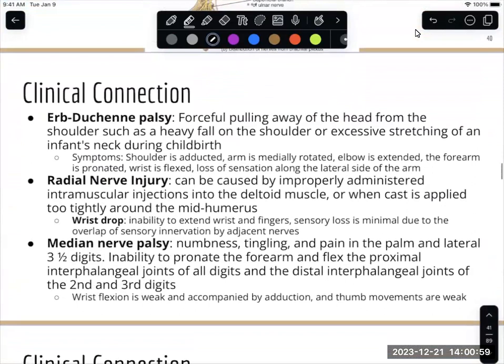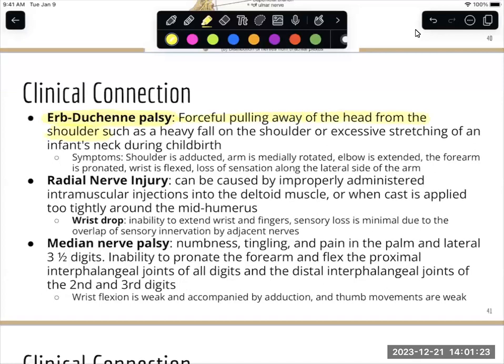So there's a lot of different conditions that affect the brachial plexus. Erb's Duchenne palsy. You'll see this in football players, or it could be from childbirth even, a forceful pulling away of the head from the shoulder.